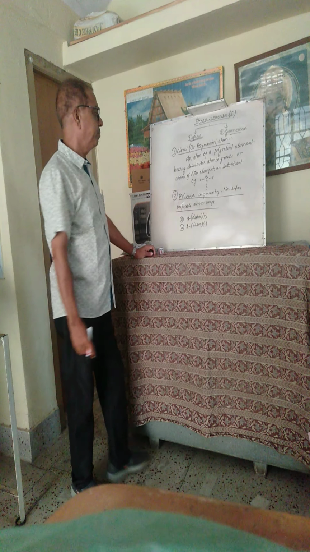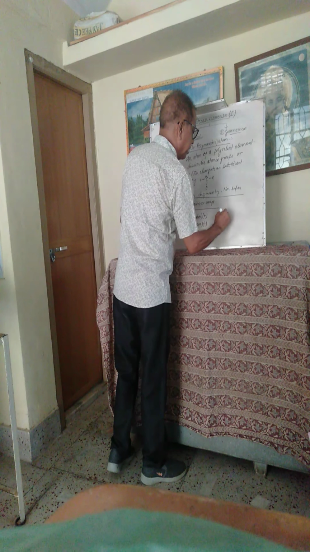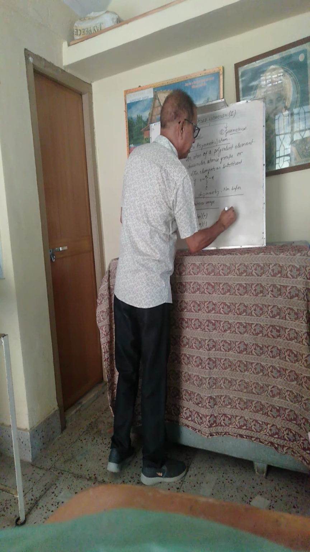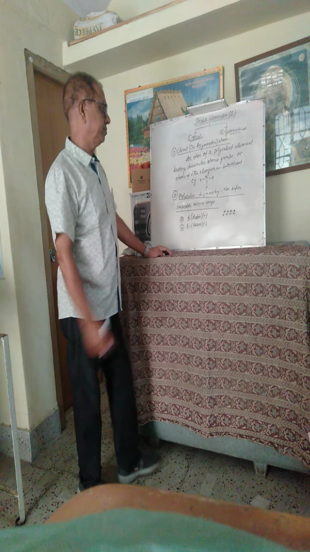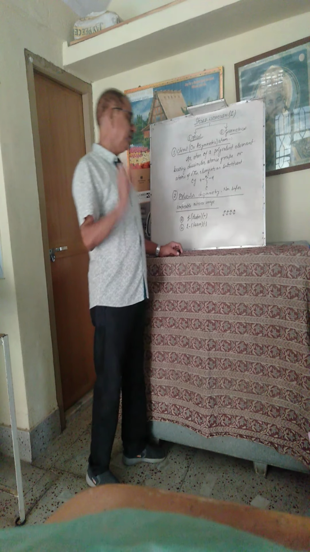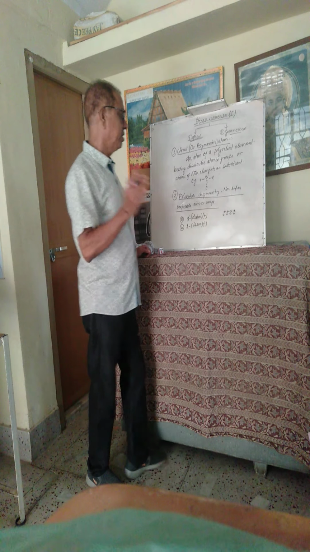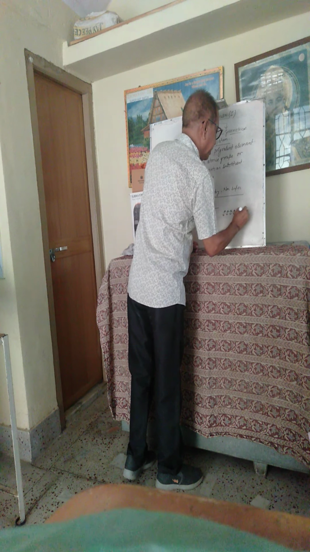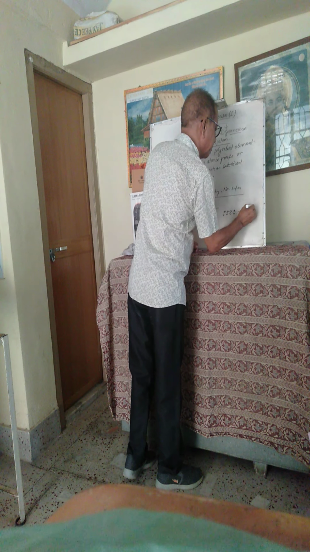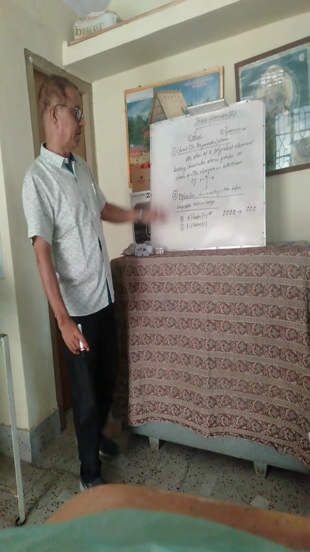When plane polarized light is passed through a substance in a polarimeter and it is rotated towards the right hand side, then this is called dextrorotatory, and this rotation is called optical rotation.